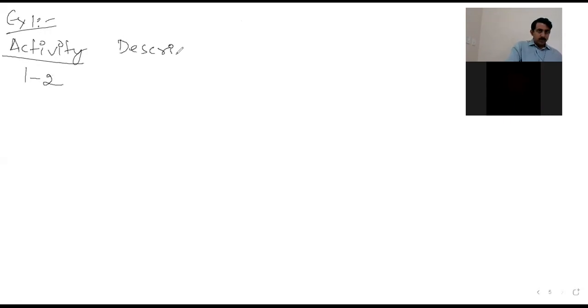Okay, so here, example 1. Activity, dash, description for each of the activities. That means what that activity stands for, and even the duration.